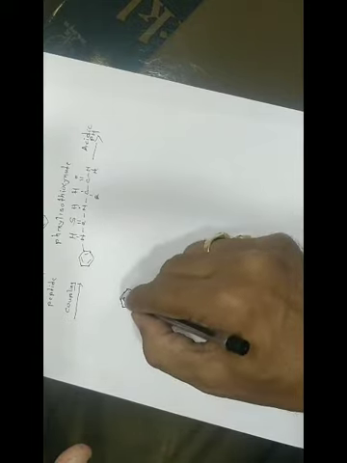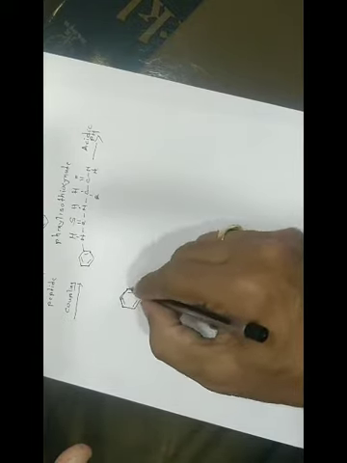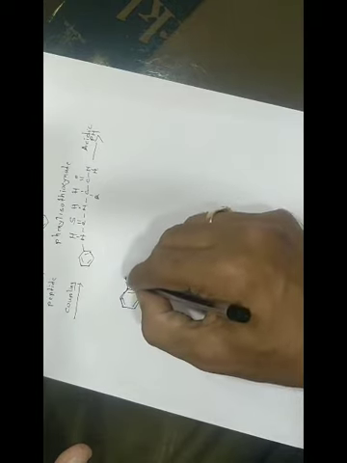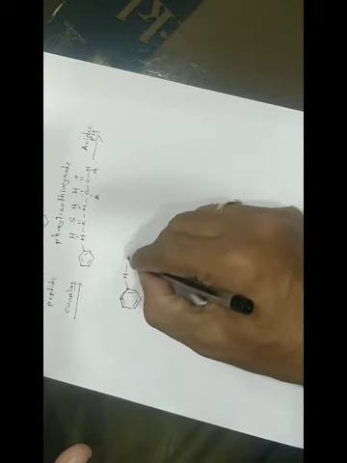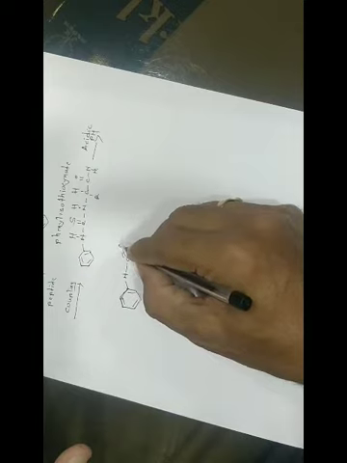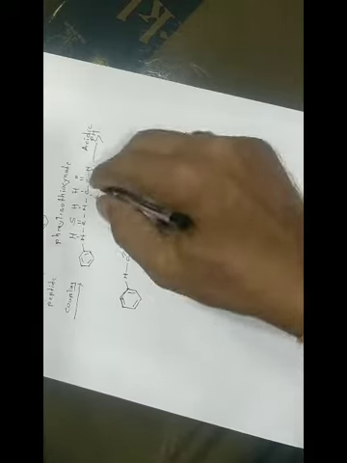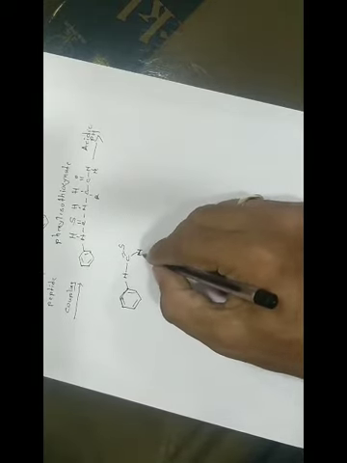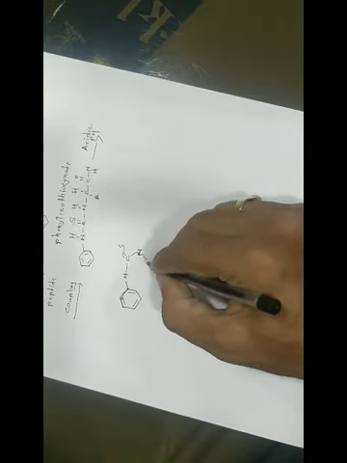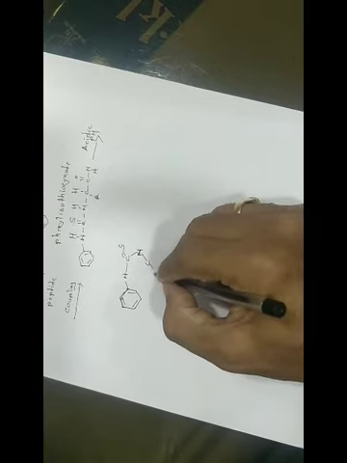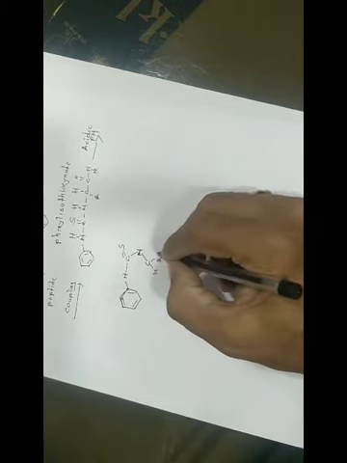If you remember the reaction, good. If you don't remember, write down the name. The straight line is converted to the ring structure.